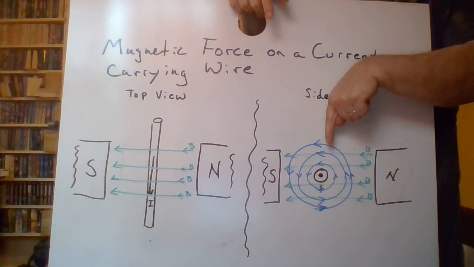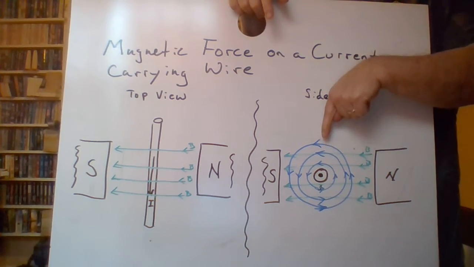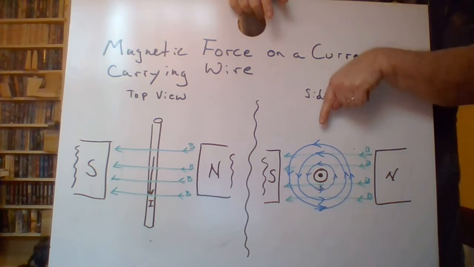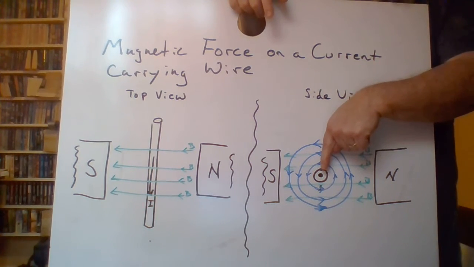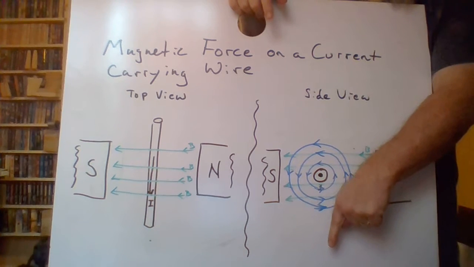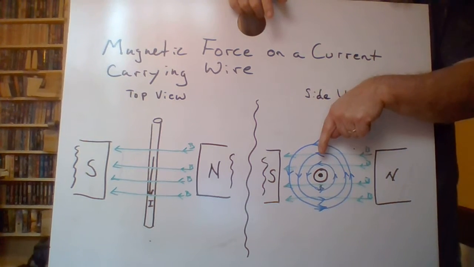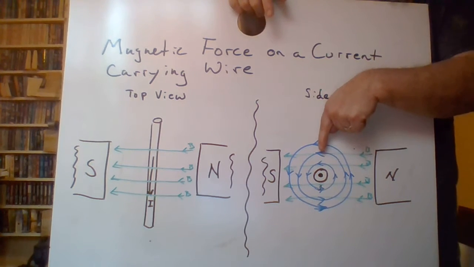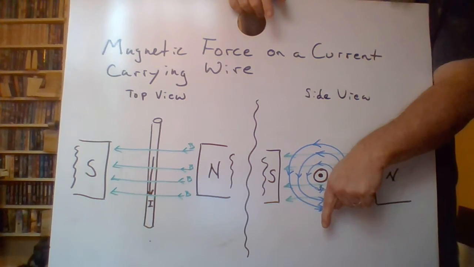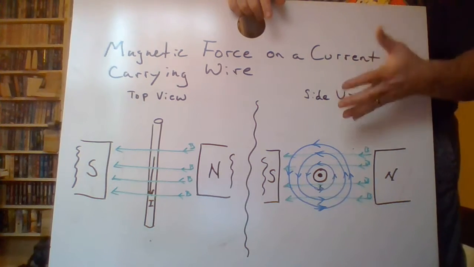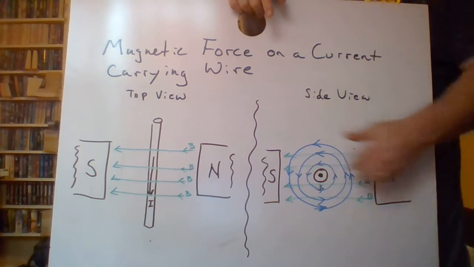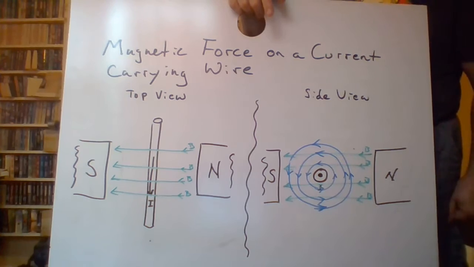And that means that in real, actual terms, mechanical terms, this wire is being pushed that way. It's got an interaction that is creating a change in motion. The force is causing it to go downward. And so we call that the magnetic force acting on the wire by the external magnetic field.